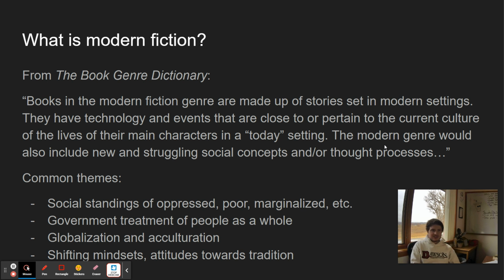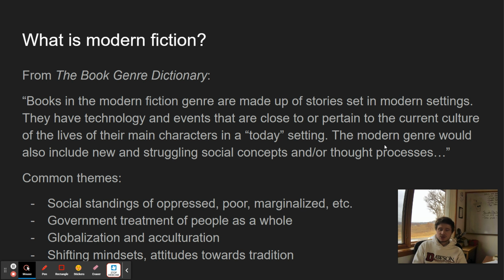And of course, as this definition kind of leads us to see, the new and struggling concepts or thought processes is a big part of this. So your theme is going to be way more important because you're going to have themes that are not just about heroism or saving the world. You're going to have the themes of what we do and what society does in response to people who are oppressed or poor or marginalized.